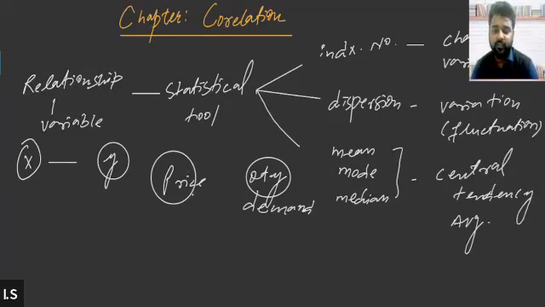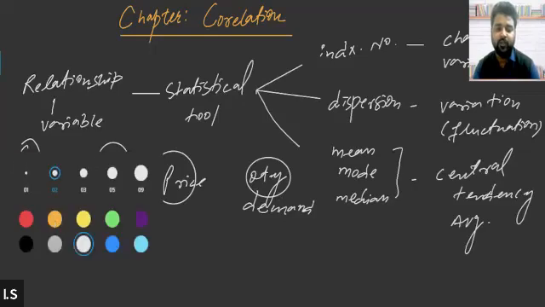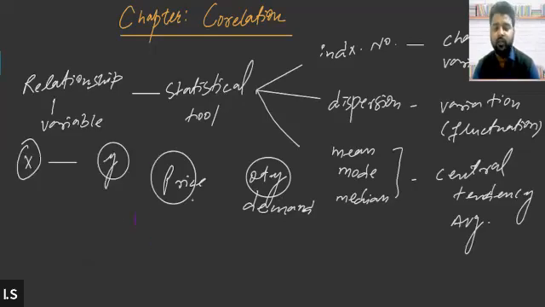If I say that price affects the quantity, or quantity gets affected by the price, that means both are interrelated. But tell me how they are related. You will say that both of these variables are negatively related, that means when the price of the commodity increases, this will lead to a decrease in the demand of the commodity, right?